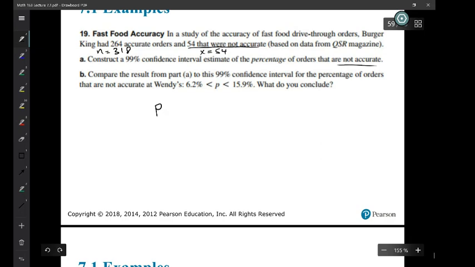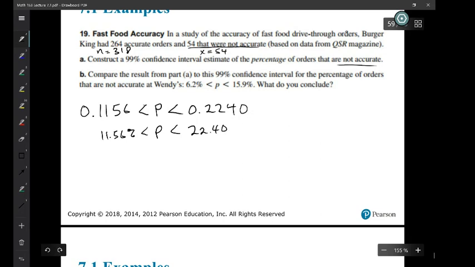So P is greater than 0.115, I'll round that to 0.1156, and less than 0.2240. Or P is greater than 11.56%, less than 22.40%.